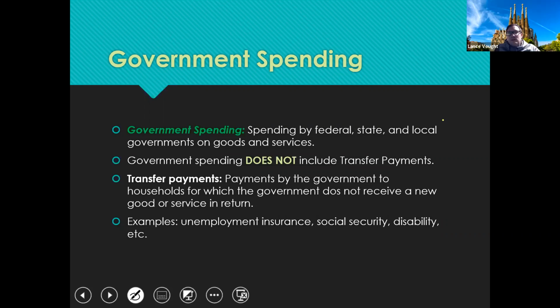So again, transfer payments are payments by the government to households for which the government does not receive a new good or service in return. Social Security is one, disability is one as well. Basically, if you're not providing them with a job or service in exchange for the money, then it doesn't count towards GDP.